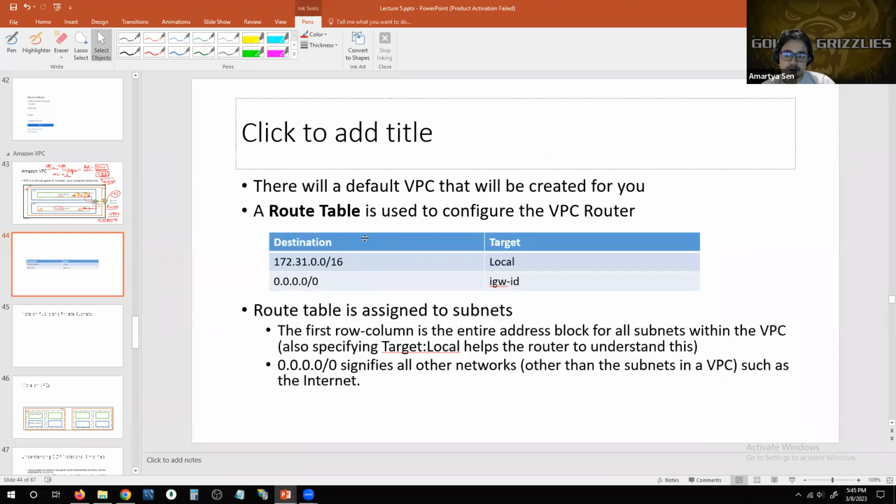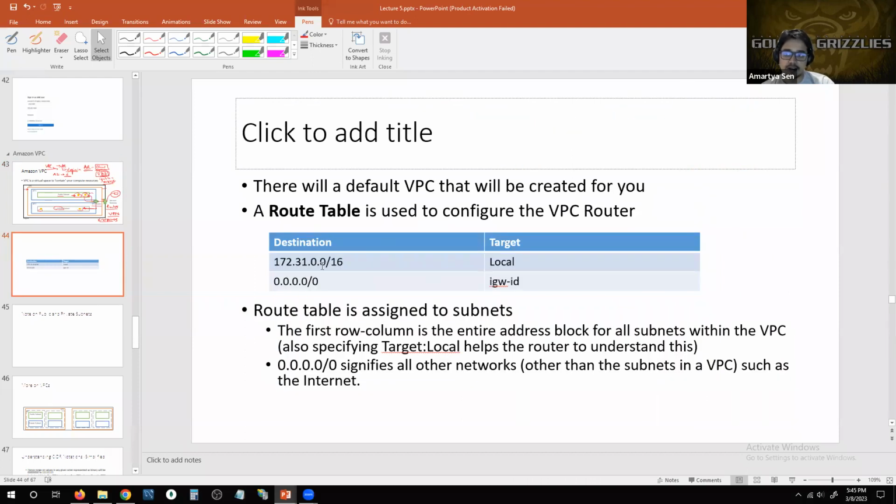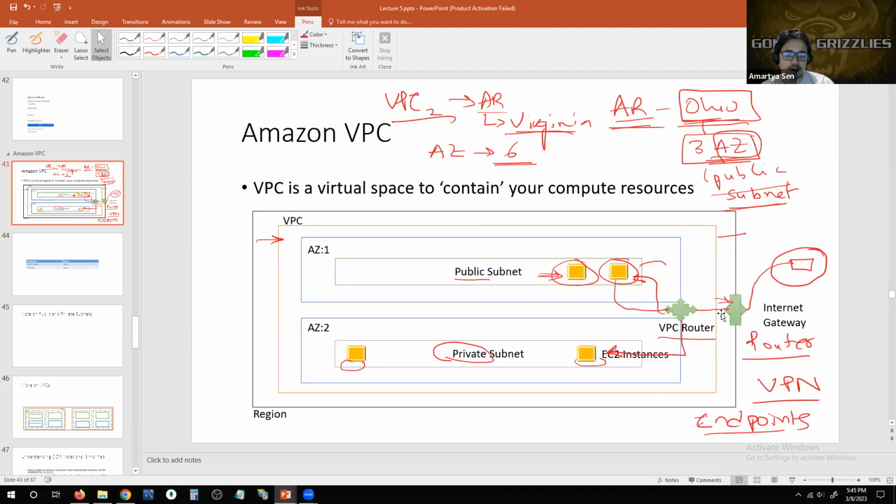So this route table example of a VPC router is associated with a public subnet being present, right? As a result of that, it gives you two different sets of IP addresses, okay? One of these target sets of IP addresses is for the internet gateway that we just discussed, that allows you, due to the presence of a public subnet, to communicate directly using that internet gateway with the outside world.